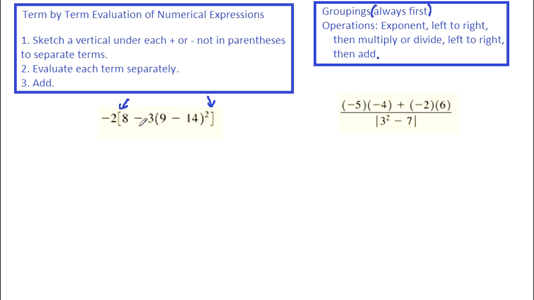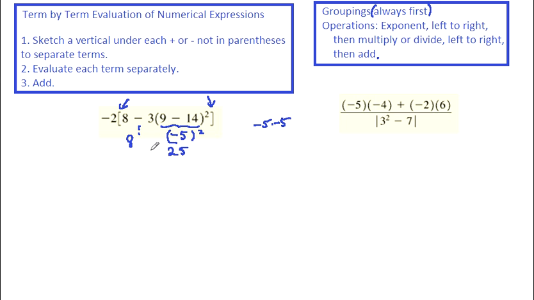And I'm going to put just a little dotted line here, and that 8 is in front of it, and inside I've got a grouping, 9 minus 14, that's 9 and negative 14, which is negative 5, and that negative 5 has to be squared, which is negative 5 times negative 5, which is a positive 25.